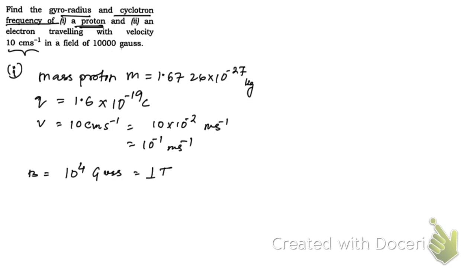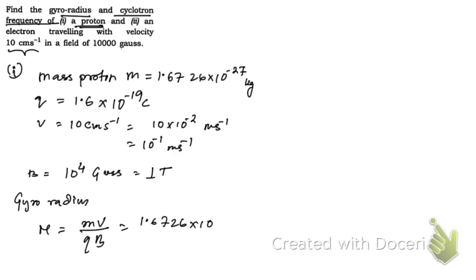So the gyro radius r is given by mv by QB. So if you put the values here, 1.6726 into 10 to the power minus 27 into 10 to the power minus 1, divided by Q, which is 1.6 into 10 to the power minus 19, into B, which is 1 Tesla, right?